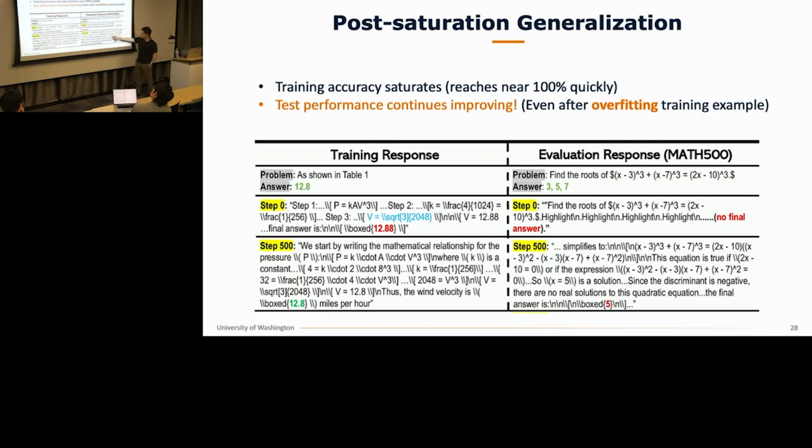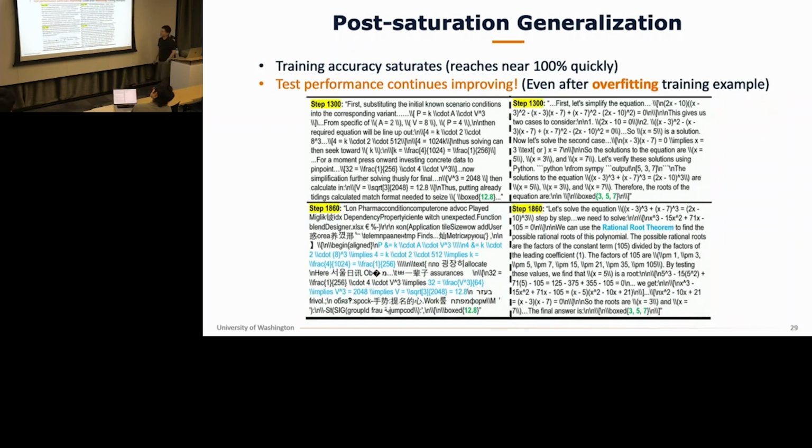Here you can see it gives you a better format and reasoning format, and tries to simplify the equation, although in the end the answer is not correct. Later we do see something I would say bizarre. At 1300 steps, it gives you a more refined answer and gets both the evaluation and the training example correct.